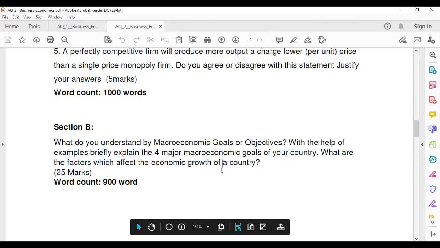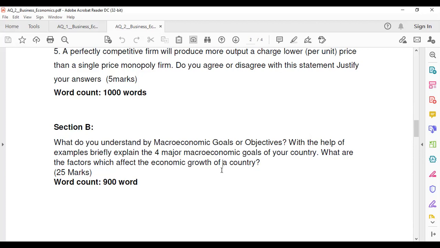So you need to briefly explain what are the macroeconomic goals and objectives. With the help of example, briefly explain the 4 major macroeconomic goals of your country. So if you're based in Malaysia, you should give based on the Malaysia. If you are from Singapore, you should give based on Singapore, similarly China or Hong Kong.